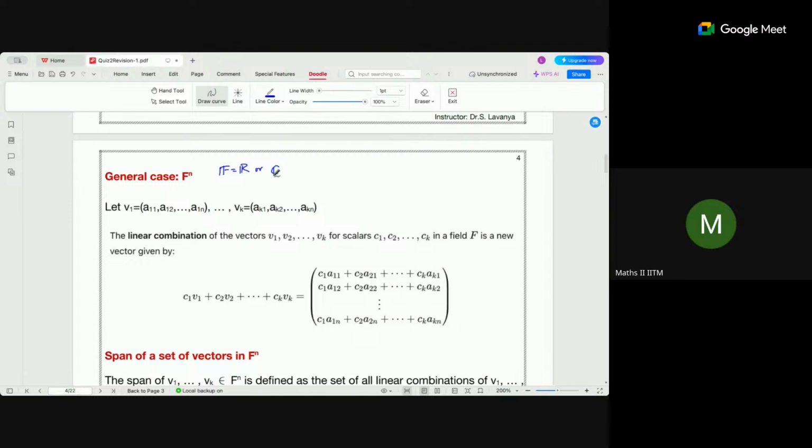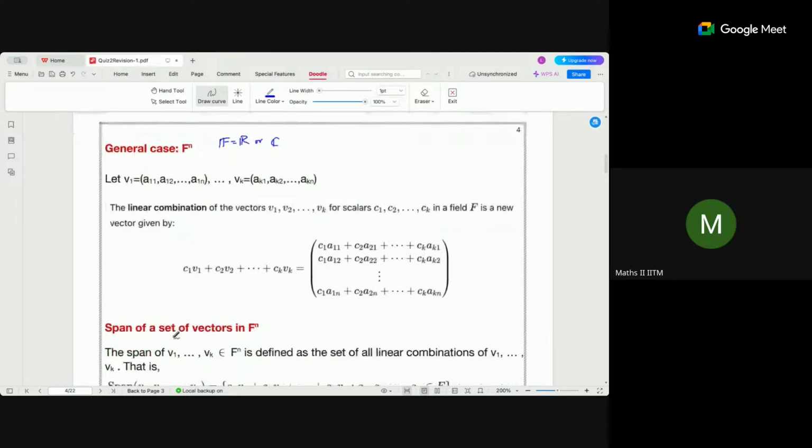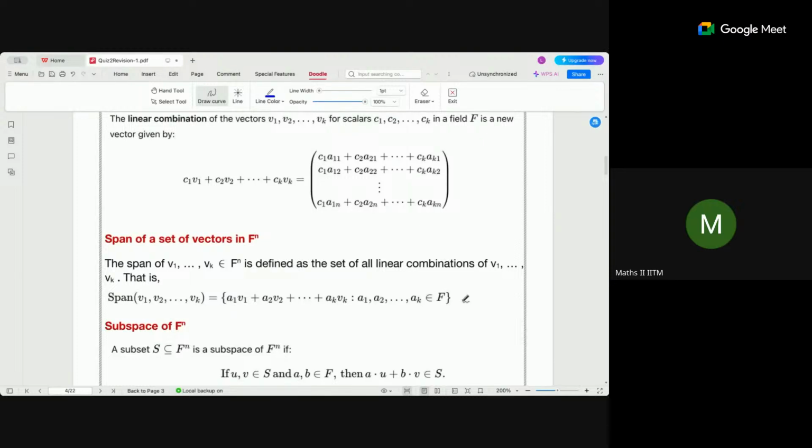What is that? It is nothing but c1 v1 plus c2 v2 plus etc. plus ck vk, right? This is the usual way we do it in R2 as well. And the span definition goes exactly the same way in Fn. So the span of v1, v2, ..., vk is the set of all possible linear combinations of v1, v2, ..., vk.